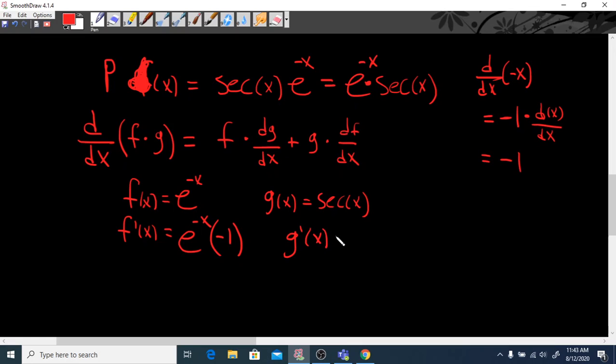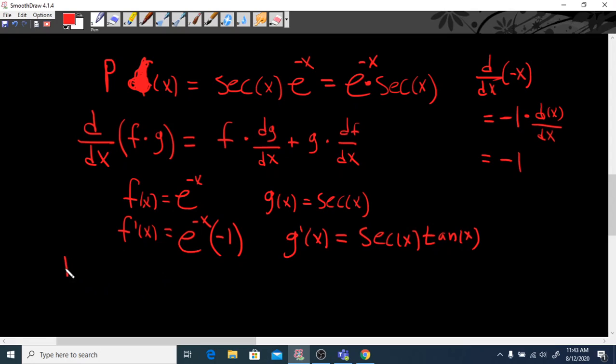G prime, and we stated this: the derivative of secant is secant tangent. And again, you've got to memorize these. If you're watching this video, you should already know. Okay. So there's all the pieces, f, g, and their derivatives.